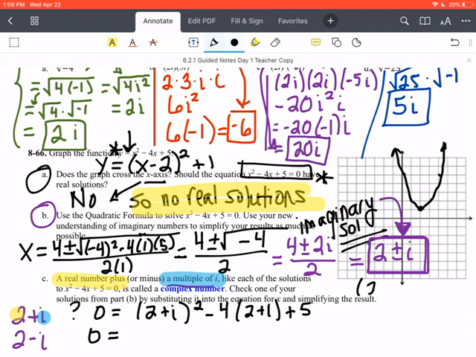So I'm thinking of 2 plus i times 2 plus i. So 2 times 2 is 4, and then I have 2i and 2i, so I have 4i, and then i times i is i squared. And then I distribute negative 4, and then plus 5.